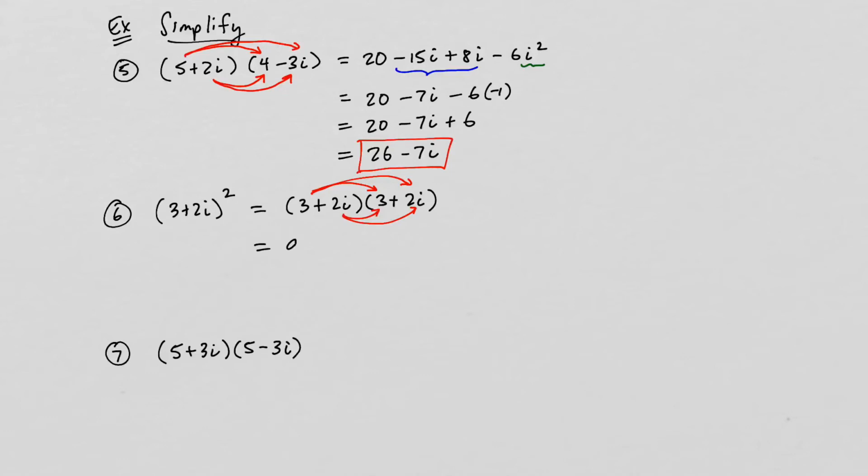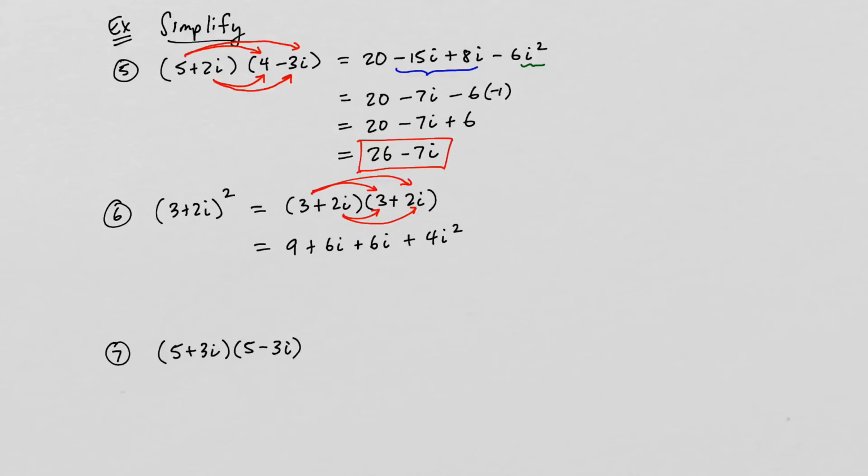And if we do that multiplication, we get 9 plus 6i plus 6i again plus 4i squared.